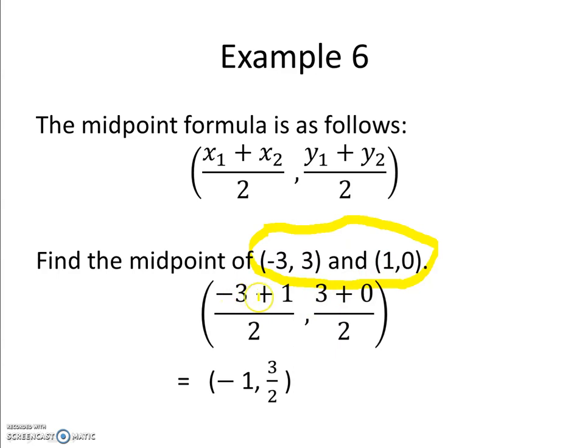A negative 3 plus 1 is a negative 2 divided by 2 is a negative 1. Then we go over to the y and we have 3 plus 0 divided by 2, which is 3/2. So the midpoint between those 2 points is at negative 1 and 3/2.